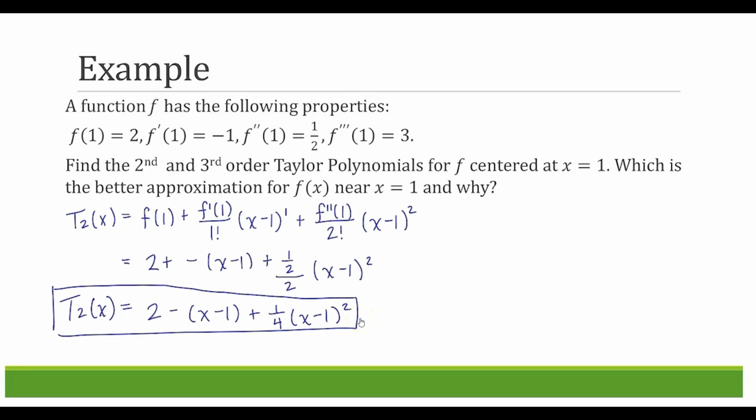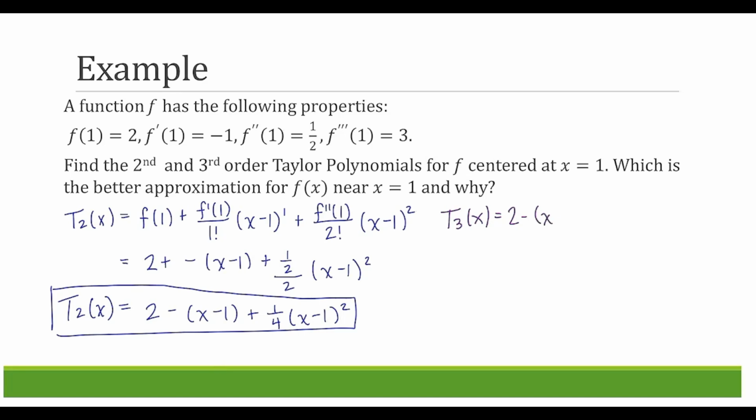I'm going to keep these first 3 pieces, so 2 minus (x minus 1) plus 1/4 (x minus 1) squared, but then the next one is going to look like plus the third derivative over 3 factorial. So f triple prime of 1 over 3 factorial times (x minus 1) to the third power.